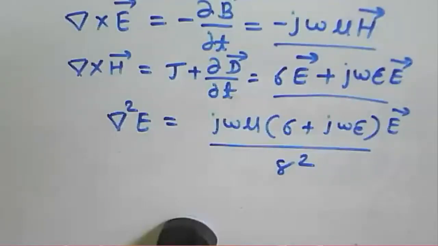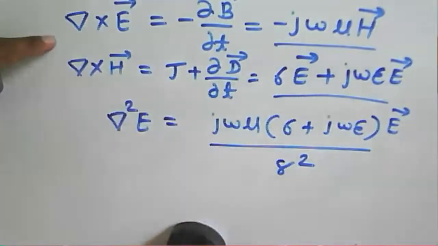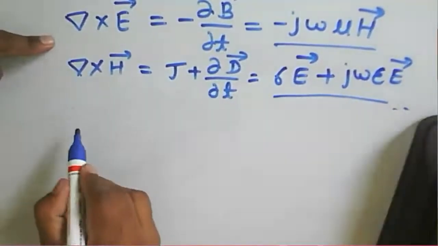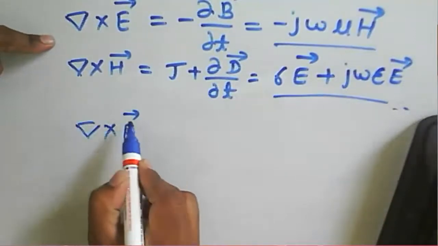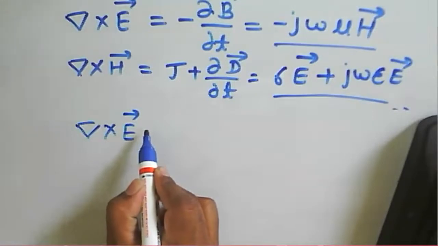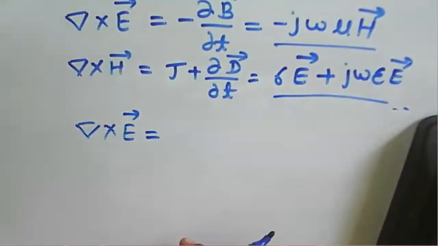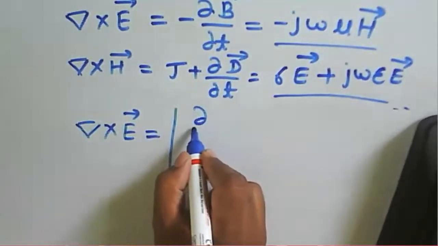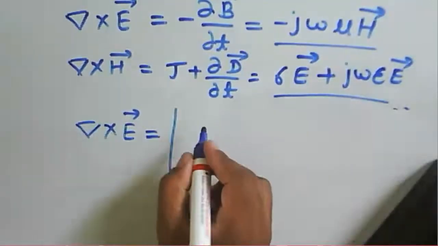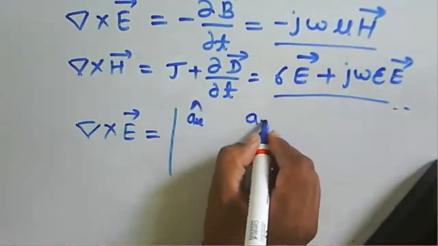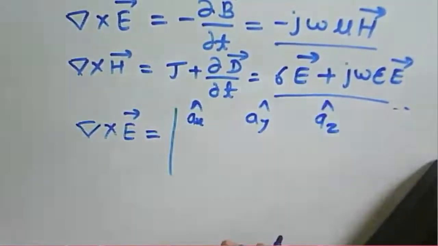If you solve these Maxwell's equations using del cross E and del cross H here, so simply, I suppose to consider one of the equations, that is del cross E here, that is equal to, we need to talk about a propagation constant term, and then for this given propagation constant term we are supposed to consider the unit vectors ax, ay, az.